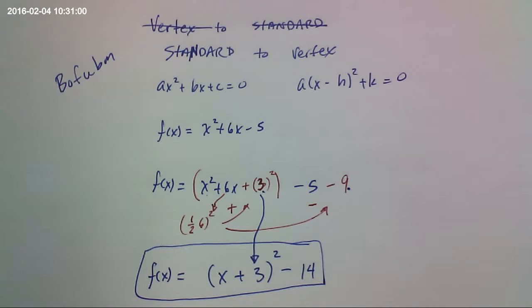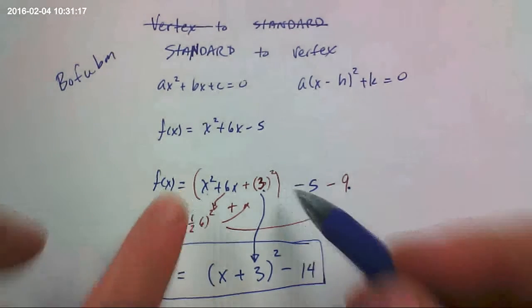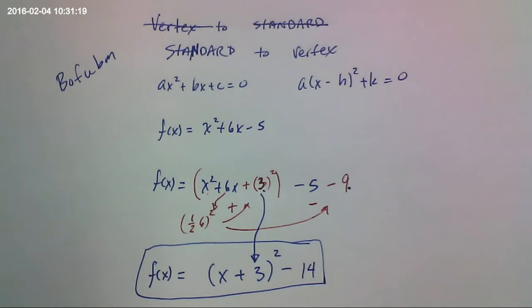It is completing the square. It is exactly completing the square. We're not moving the 5 to the other side, that's true, but we are still completing the square. All right, so we're good?